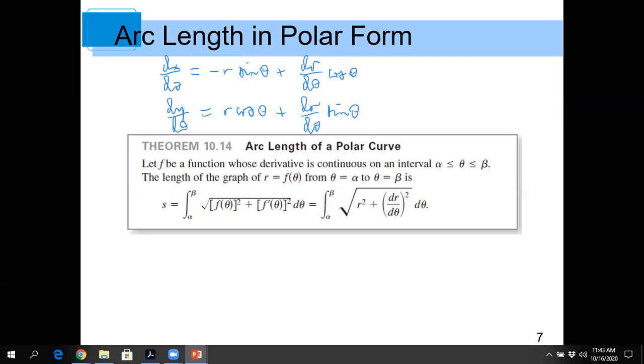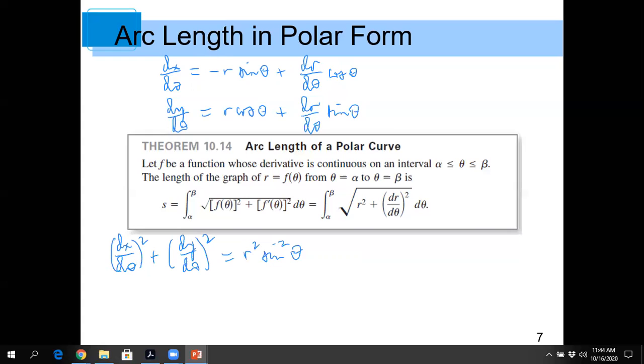Okay, what if I square those things? Let's think about this. dx d theta squared plus dy d theta squared, okay? What am I going to get? Well, if I square dx d theta, I'm going to get r squared sine squared theta, yes? And then I'm going to have the two things multiplied together, but that's going to happen twice, yes? Kind of the inner and outer terms, the cross terms. I'm going to have r sine theta, dr d theta, cos theta.